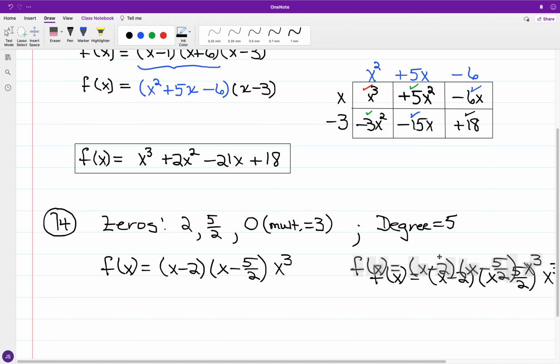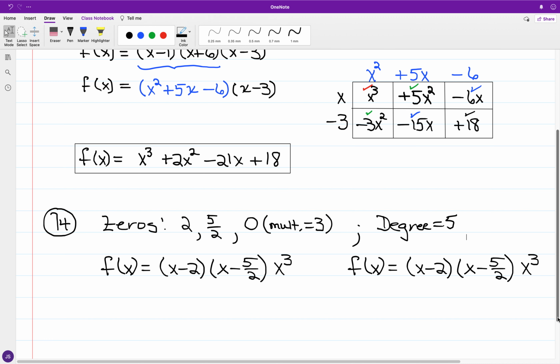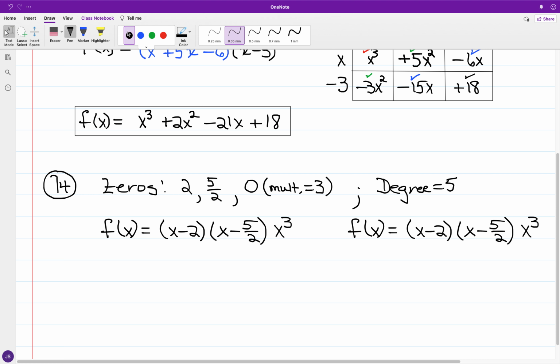Let's say you were to take care of the fraction, taking this approach. So you have f of x, and we can rewrite, so we have x minus 2, and then we can rewrite the factor x minus 5/2 by taking care of the halves, multiplying by 2.